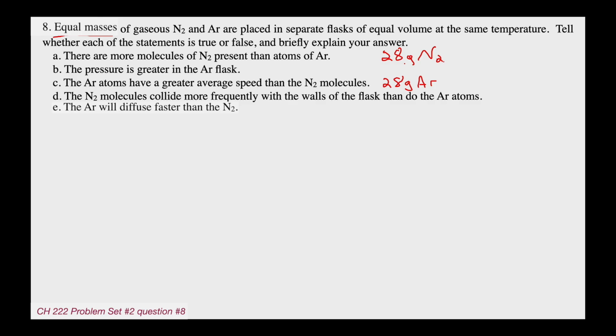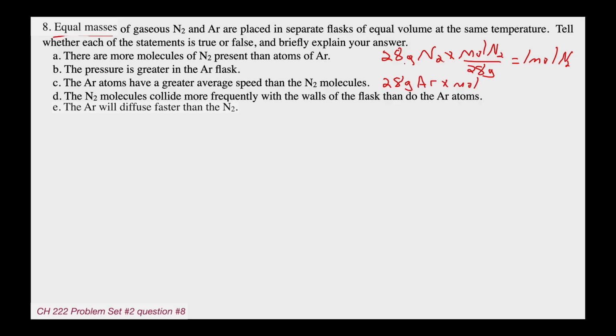So, because moles are one of the ingredients in the ideal gas law, we must turn these numbers into moles. Now, a mole of N2 is about 28 grams. So 28 divided by 28, that's 1 mole of nitrogen. 28 grams of argon, though.